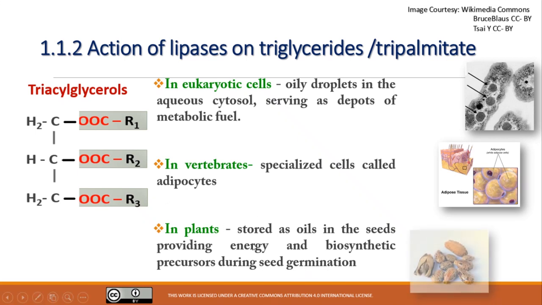As we can see in this diagram, this is castor oil seeds, and these castor seeds are containing the triglycerides in the form of oil. Similarly, we can find in case of sunflower oil, groundnut oil, etc.